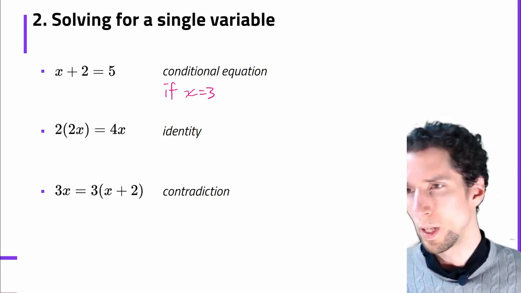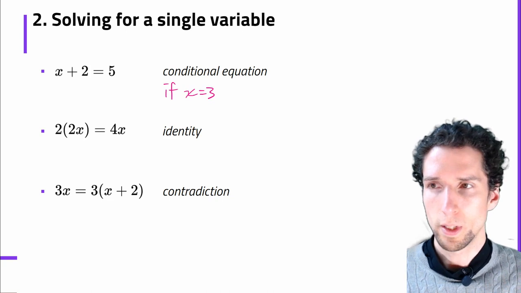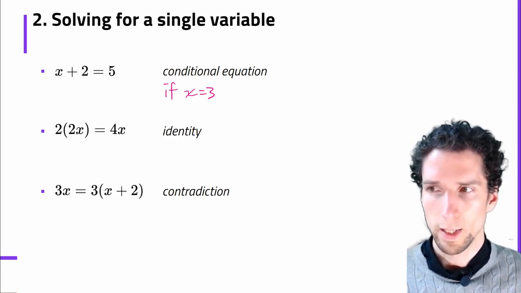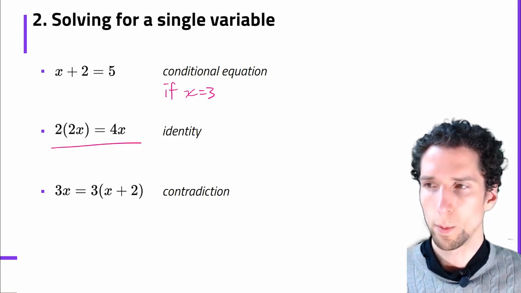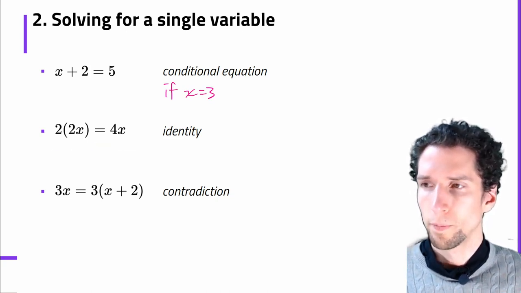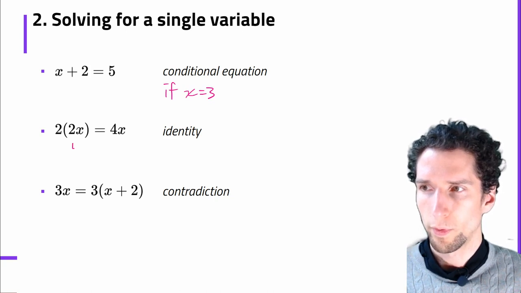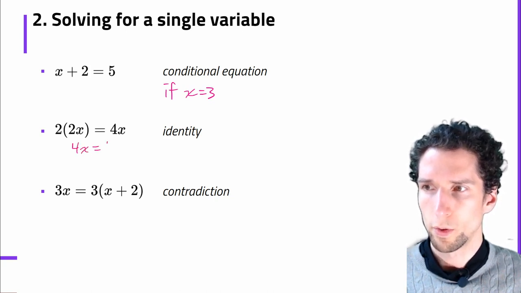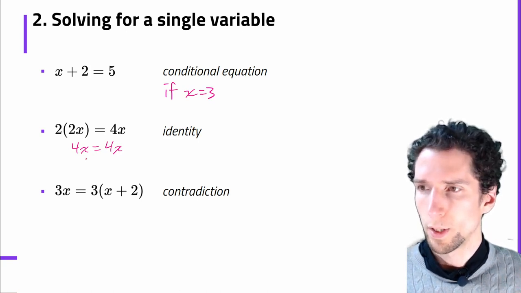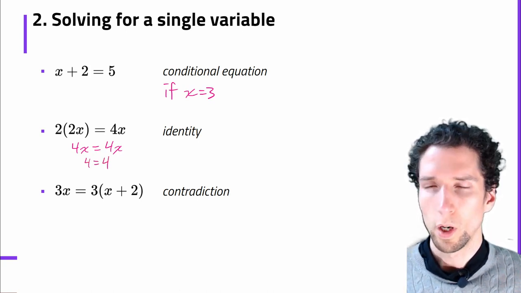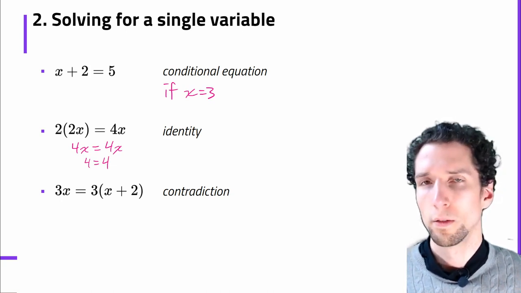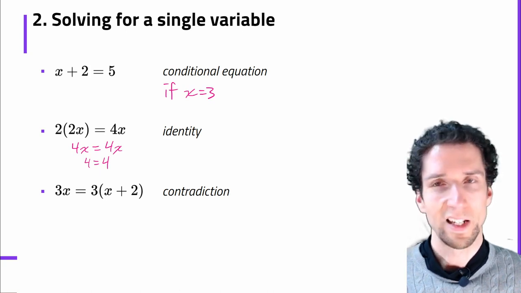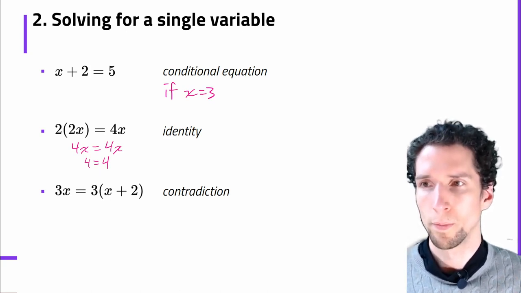That is the situation that we will have most of the time for most equations, but it doesn't always work out that way. We can have a situation like this one where we have simplified, that's just 4x is equal to 4x, and if we simplify some more, that's just 4 is equal to 4. Well, the variable is gone, so there's no variable creating a condition, so it's just always true.